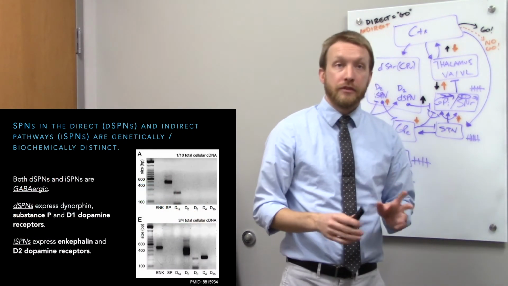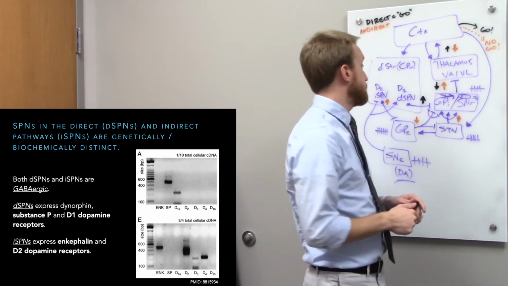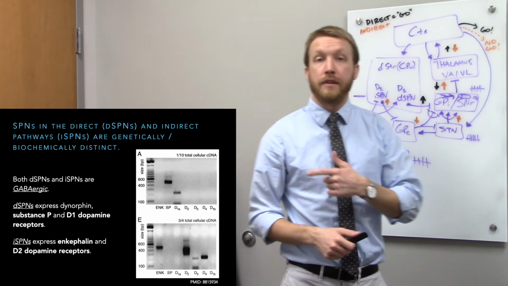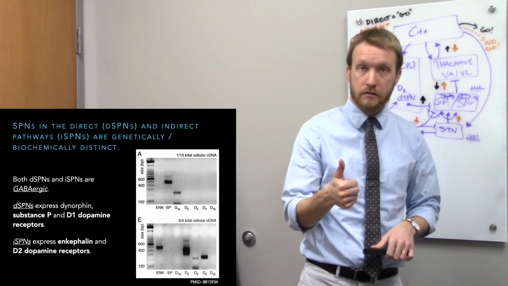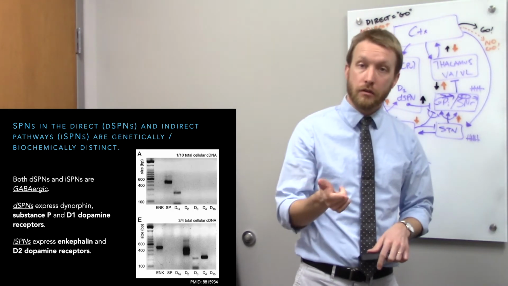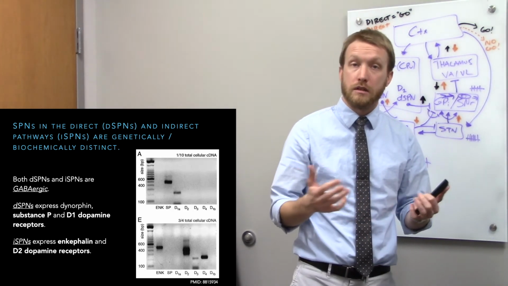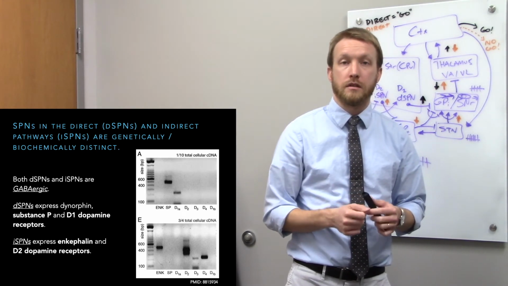Dopamine is going to have different effects on the direct and indirect spiny projection neurons because they express different dopamine receptors. Here we're looking at a single cell PCR from direct on top and indirect on bottom spiny projection neurons. On top we find substance P, fine, but it doesn't really matter here.